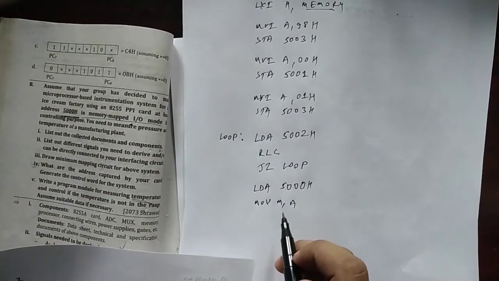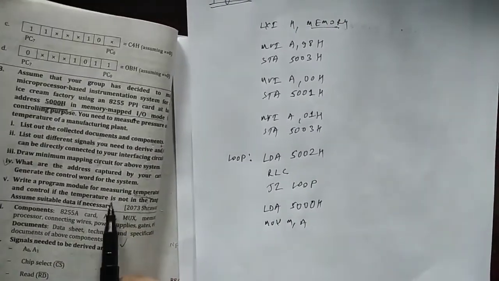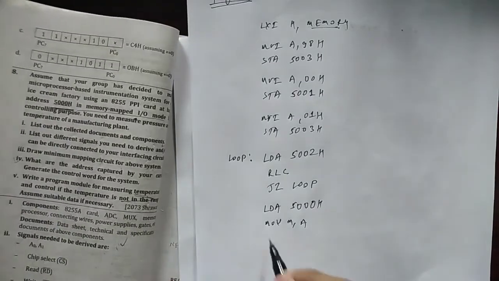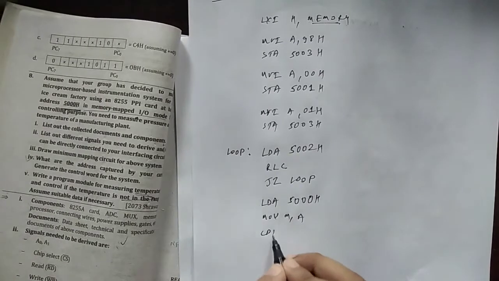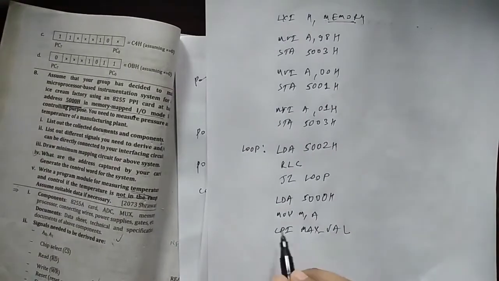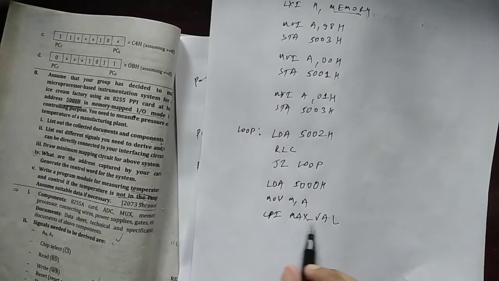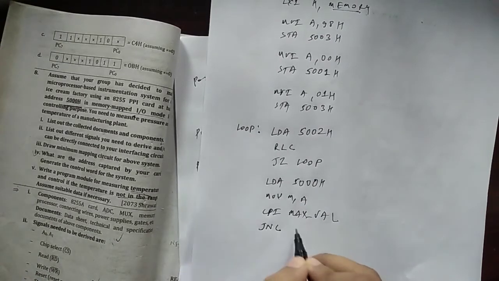Now we need to check, we need to control if temperature is not in the range. For that, CPI maxval, and maxval is a variable, you can name it whatever you want again, and then jump on not carry to control.